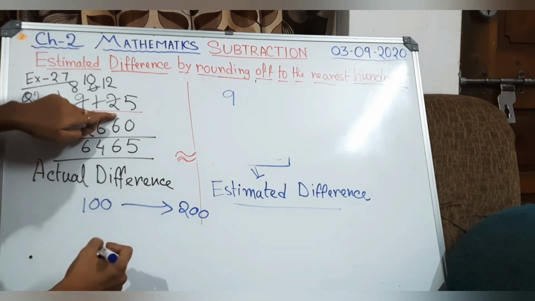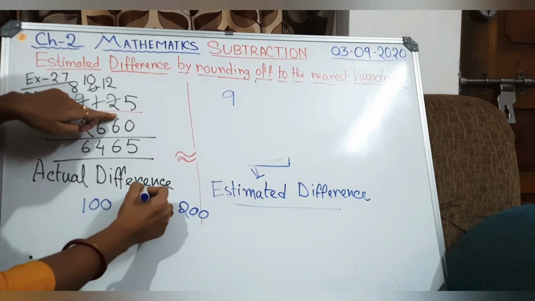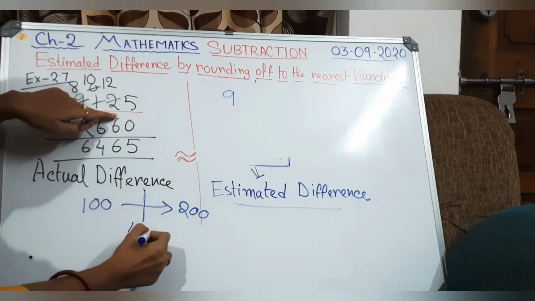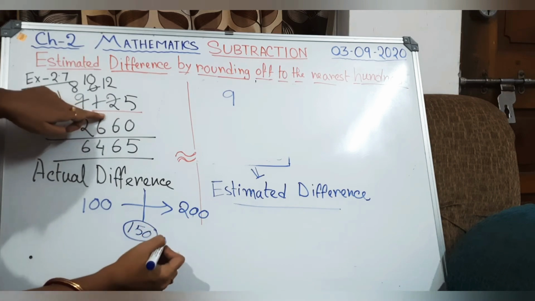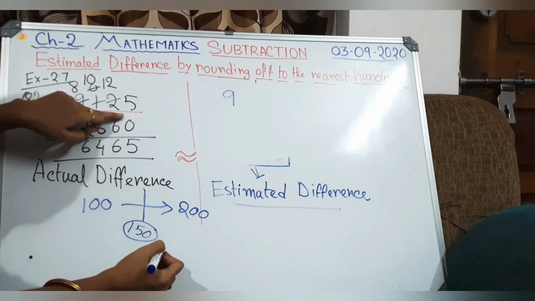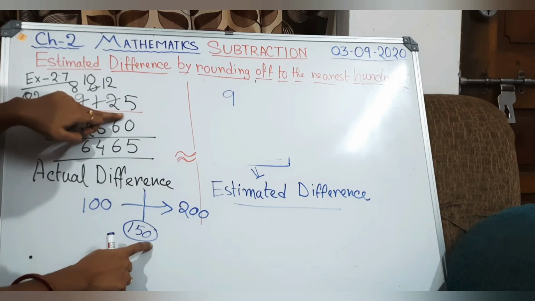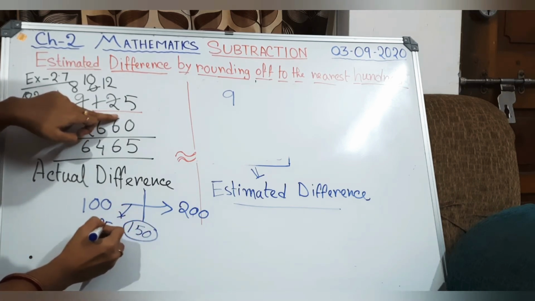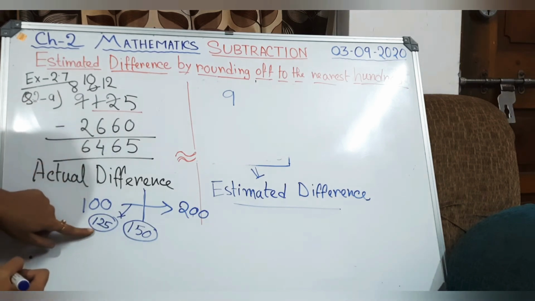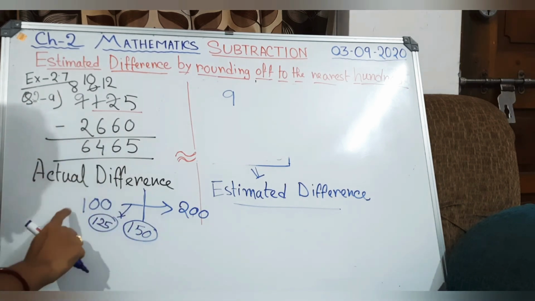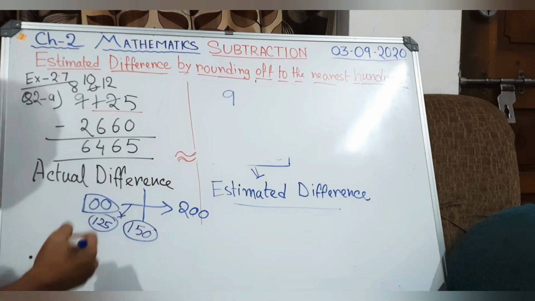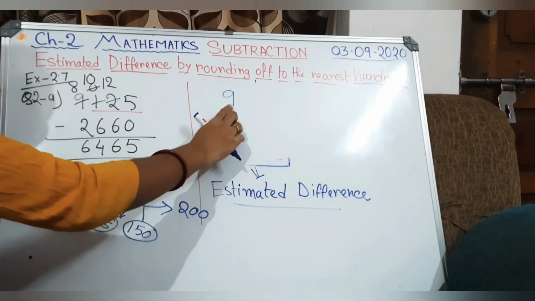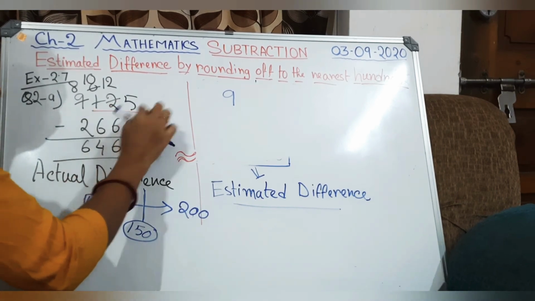In between 100 and 200, what will come? 150, okay? But my given number is 125. This is less than 150. So this number will be placed over here, 125. So whenever I am making this 125 round off to its nearest 100, so 100 will come only. Fine. That's why I am writing over here 9100.